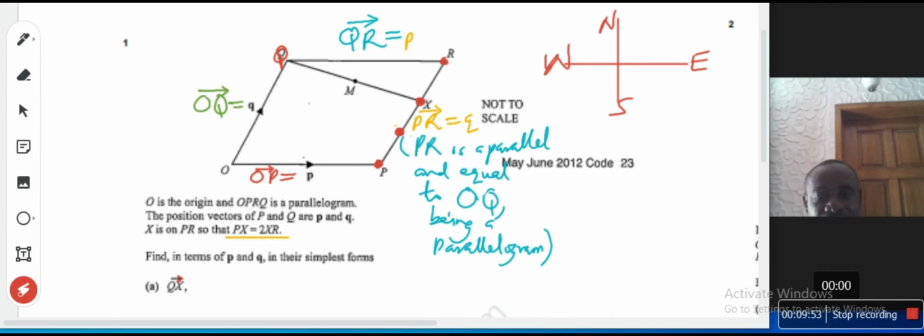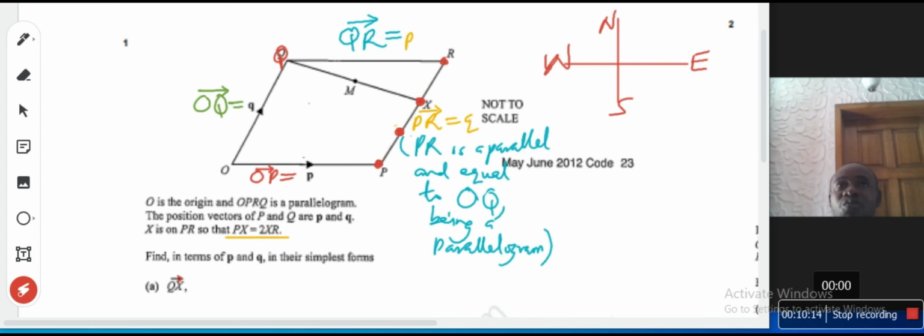I have divided P to R in 3 places. How many will PX pick? PX will pick 2, while XR will pick only 1, because it is double of it. Whenever you hear something like 1:2, divide it into 3 parts.